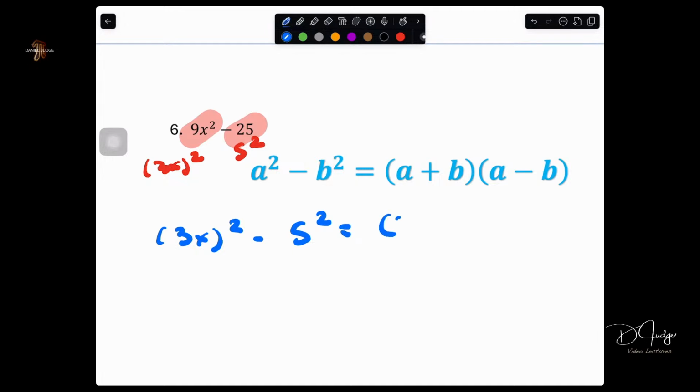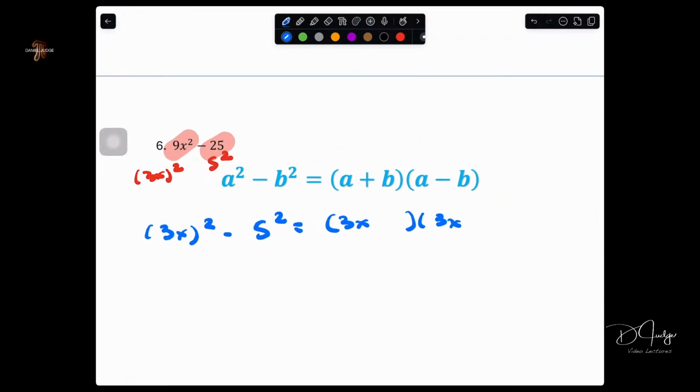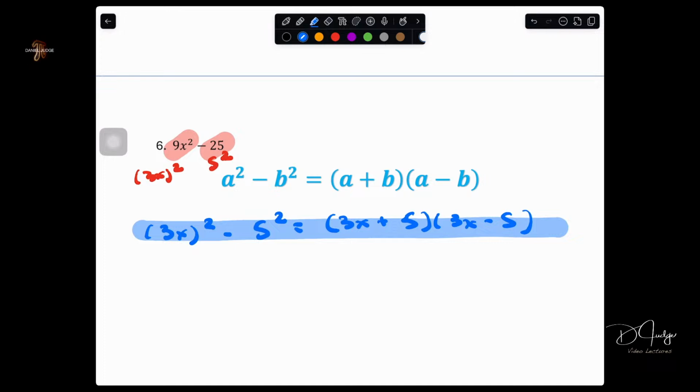Just make sure you put 3x for the a value, and then you're going to put a 5 for the b value. Plus and minus. And there you go.